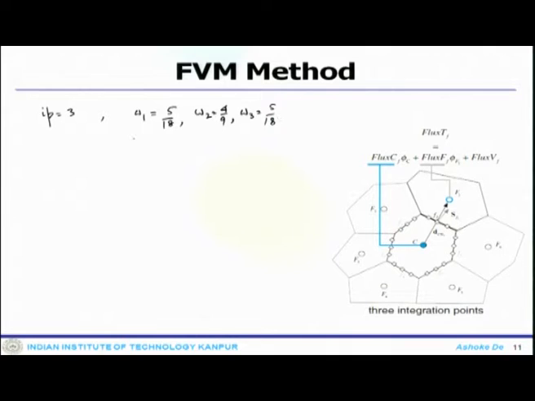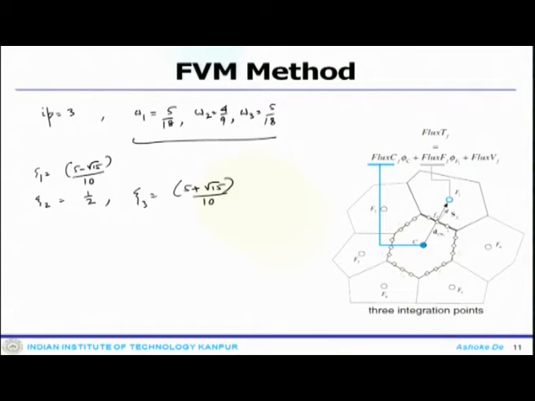If you look at that weighting function, they are sort of symmetrically distributed. Then the distances would be xi1 is 5 minus root 15 divided by 10, xi2 is half and xi3 is 5 plus root 15 divided by 10. So, these are the distances from one point to the other points. Okay.